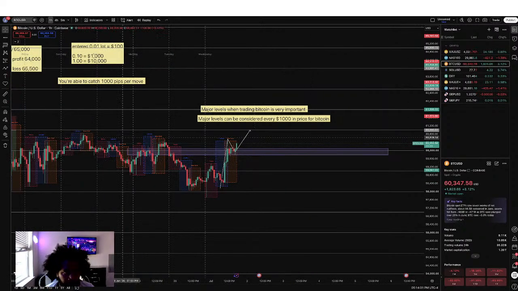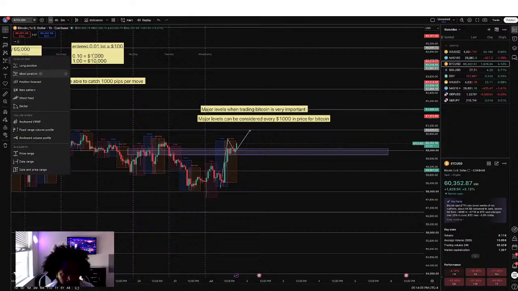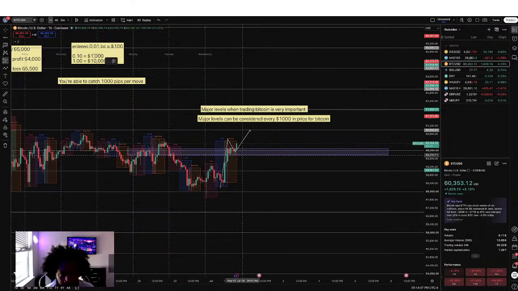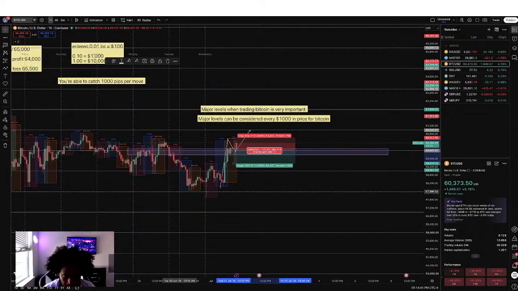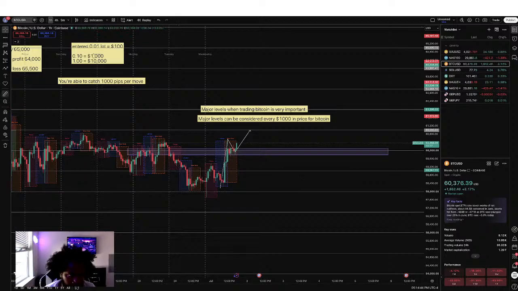So you can see for Bitcoin, if you wanted to test this level for a buy, it would have been able to test this level.